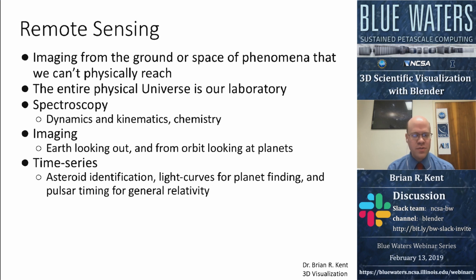We're also interested in looking at the time domain in astronomy, in terms of looking at Earth crossing asteroids. There are a lot of studies now where we're looking at light curves and finding extrasolar planets.